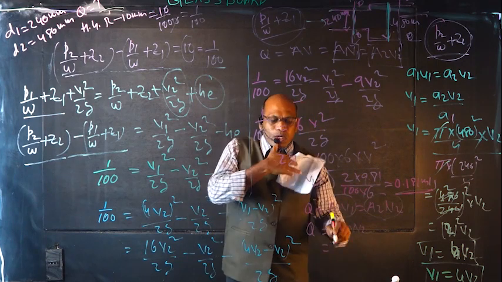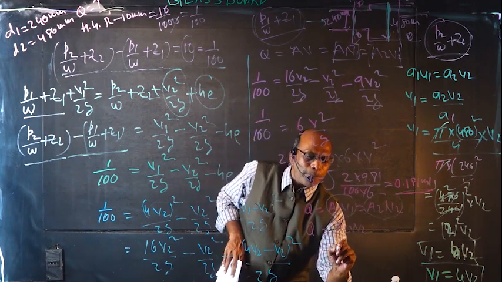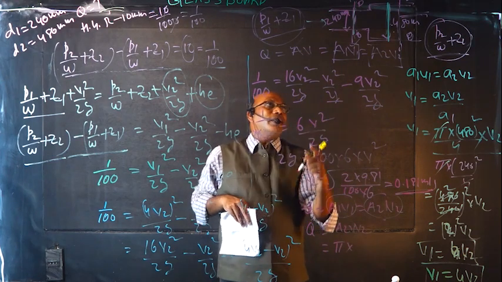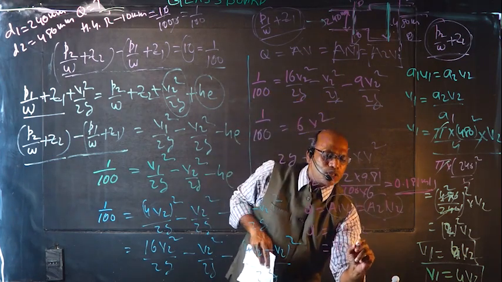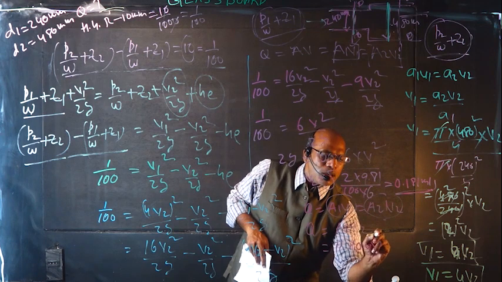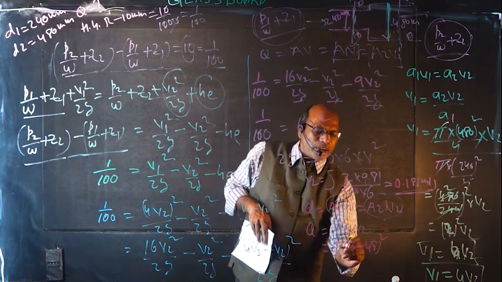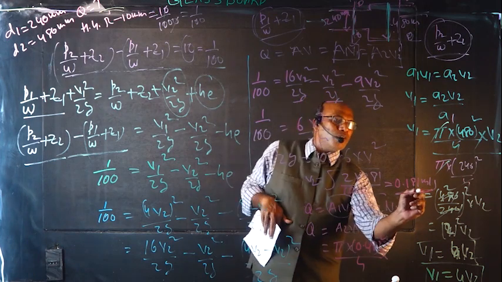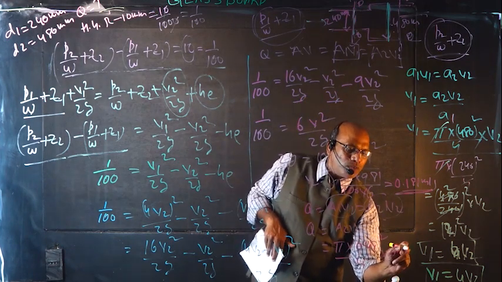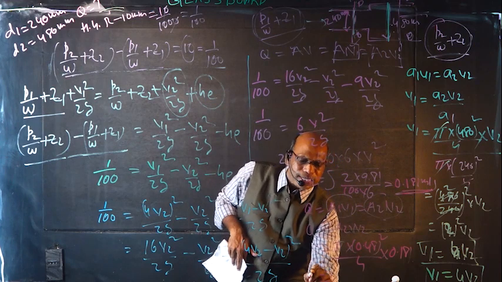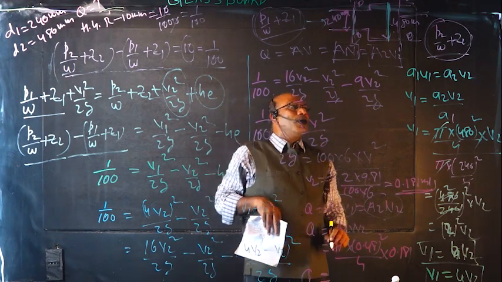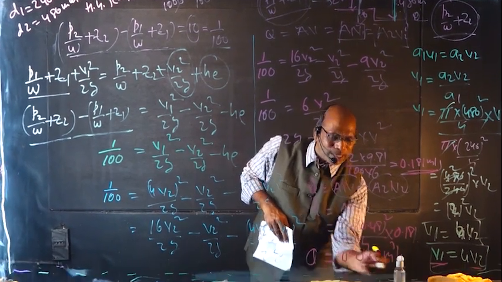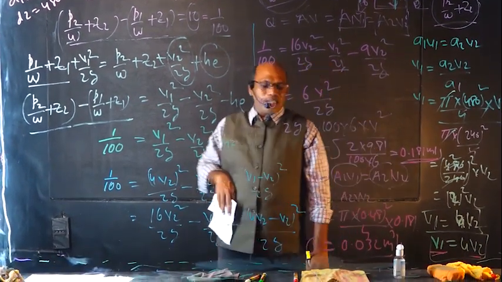A2 is pi by 4 d square, the area at section 2, with diameter 480 mm, that is 0.48 meter, into the velocity V2 equal to 0.181. Finally, discharge Q is equal to 0.032 meter cube per second. This is the discharge determined here.